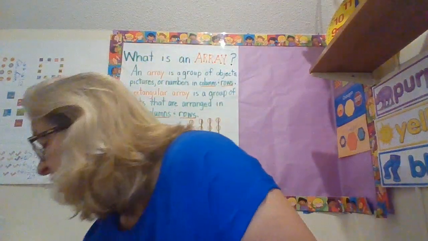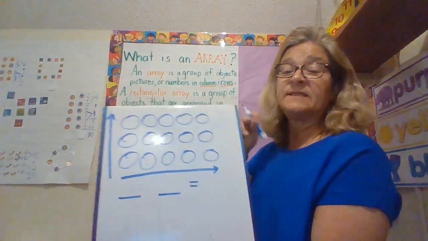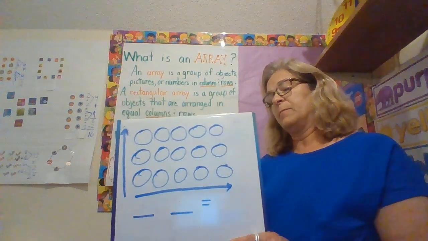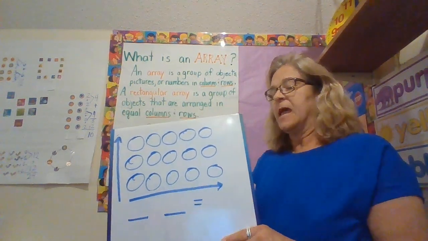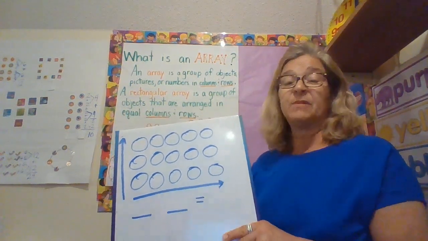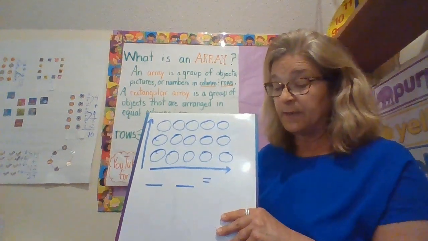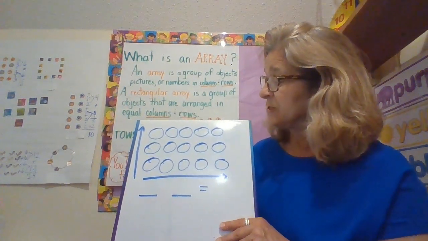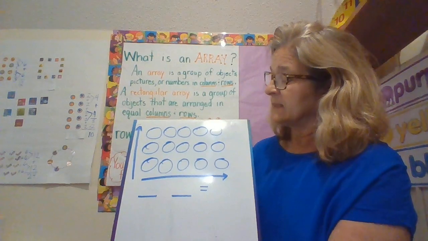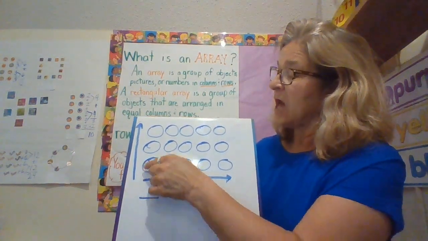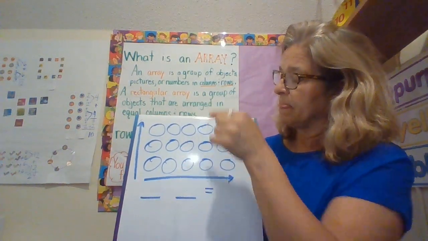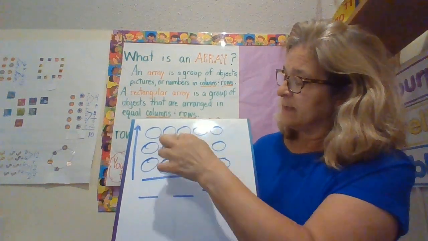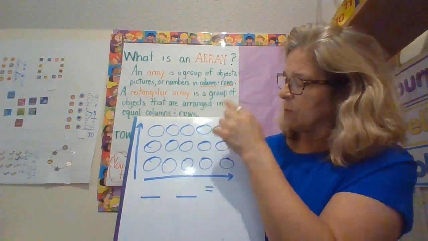Now, to understand about multiplication, we do the same thing with repeated addition, because multiplication is simply repeated addition. When we look at this, how many columns do we see? 1, 2, 3, 4, 5.